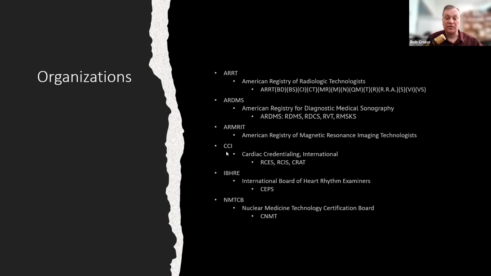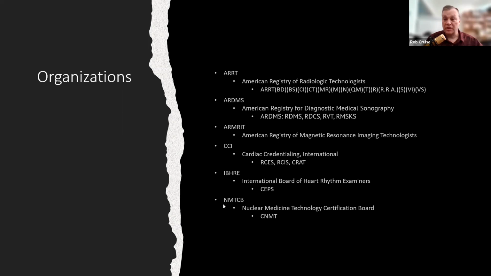The CCI and the ABHRE both deal with cardiac arrhythmias and cardiac devices. So the CCI is dealing with one of those and the other is for devices. All right, and we'll go through that in a minute.